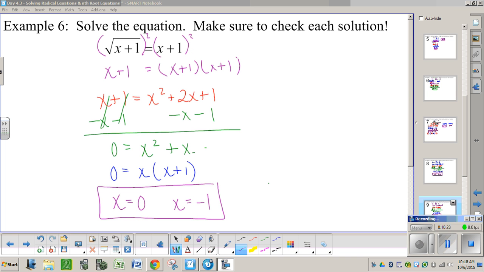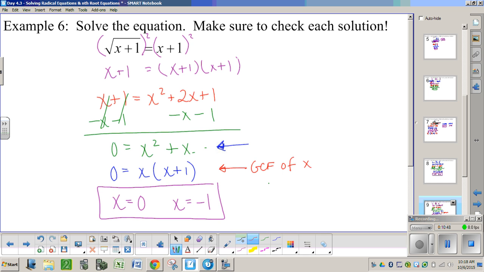This one was just a little bit trickier than the last one in the sense that when you got done setting your equation equal to 0, if you notice you just had, and I'm looking at this line down here, x squared plus x. So what I did was I ended up taking out a GCF. So in this line here, there is a GCF of x. So after I took that out, I ended up with two factors.